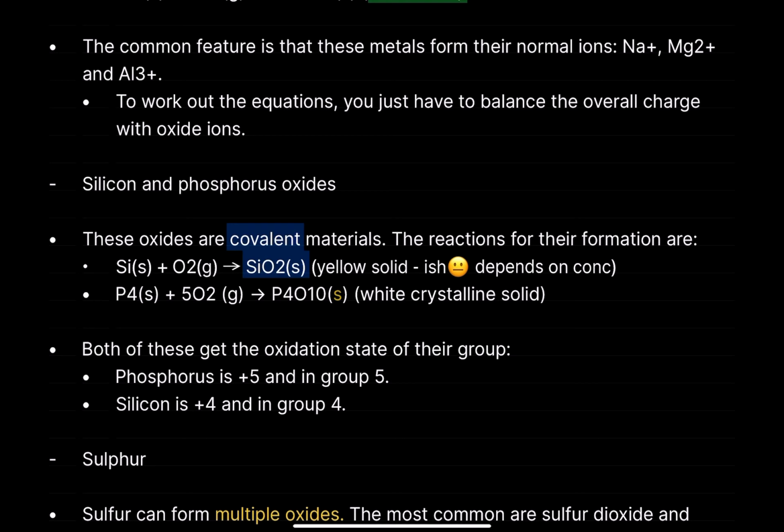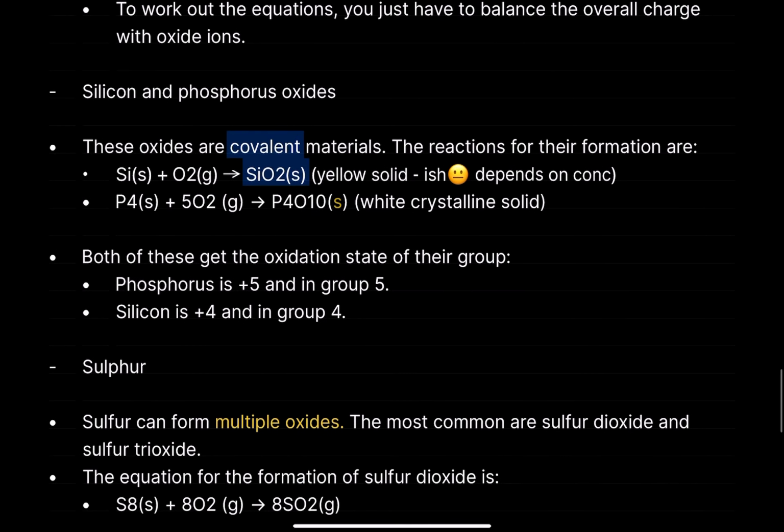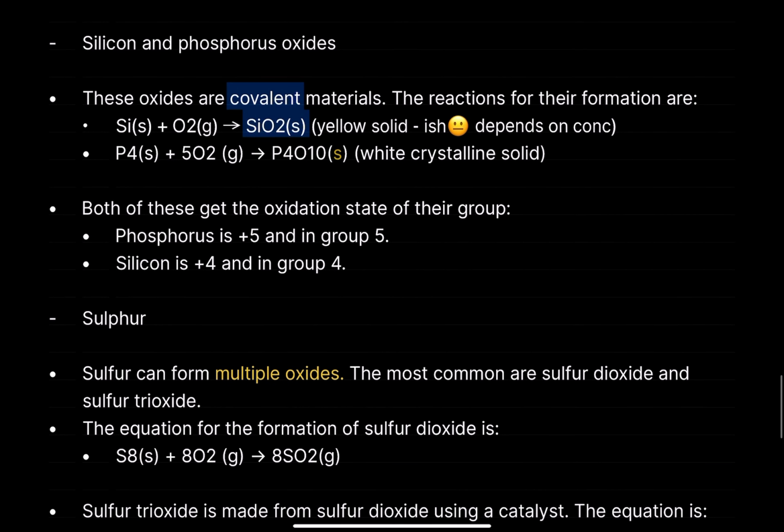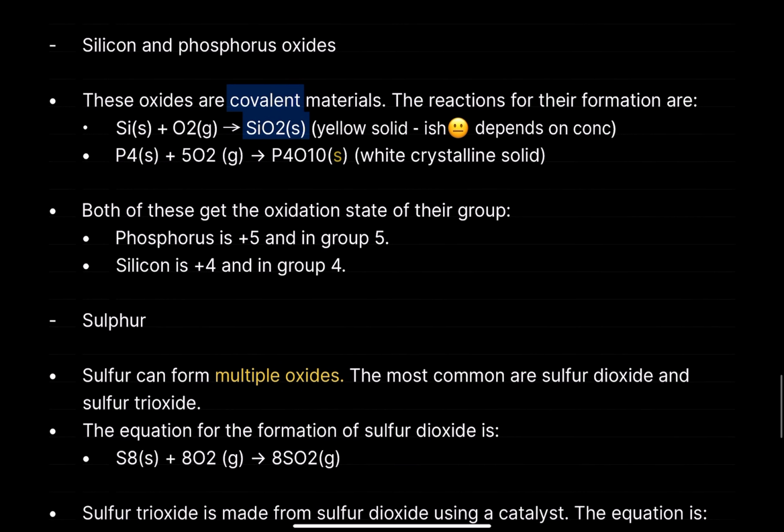So if you see Si8 plus 8O2, just know that's because silicon by itself is usually in its compound form of 8, represented by 8 silicons as a molecule. Now both these get the oxidation state of their group: phosphorus is +5 and in group 5, silicon is +4 and in group 4.